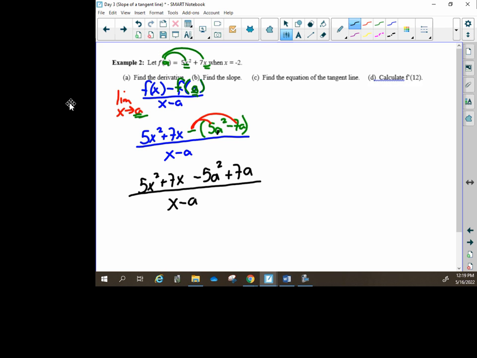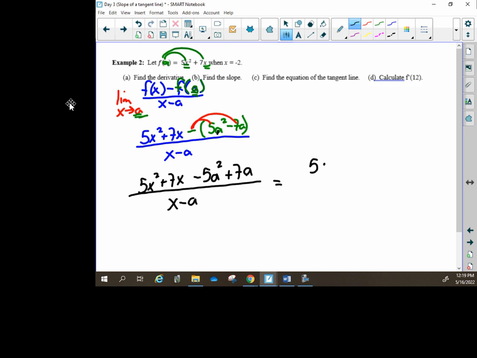Now, I'm going to put together my 5's in here, so I can factor the GCF out, and I'm going to put my 7's together. So I'm just going to reorder this slightly.